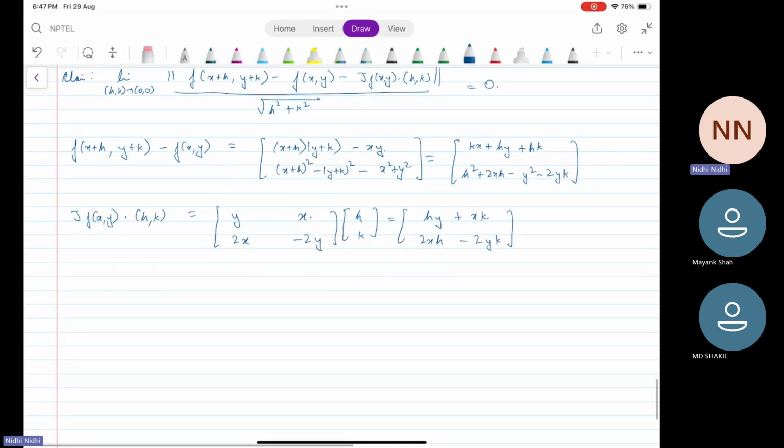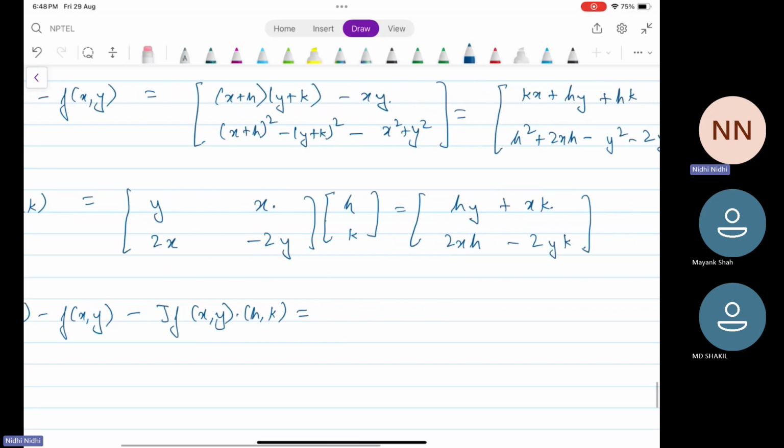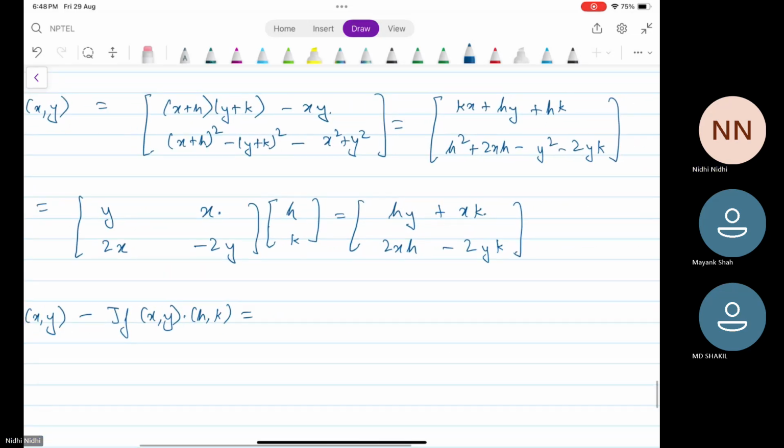From here we get f(x+h, y+k) minus f(x,y) minus Jacobian f(x,y) times (h,k). This will be kx plus hy plus hk minus hy minus xk.